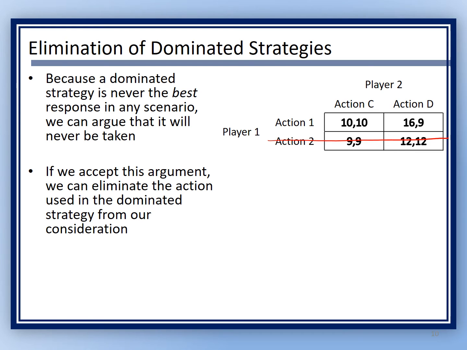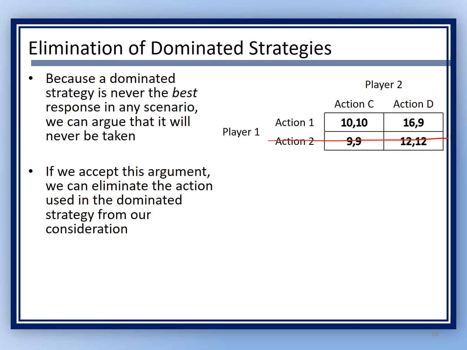But if you remove it, notice that now player 2 has no incentive to use action D, right? Previously, player 2 might choose action D because that gives her a higher payoff when player 1 chooses action 2. But now that possibility is gone.